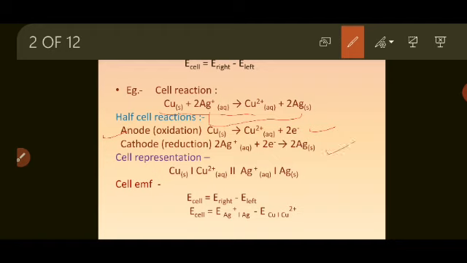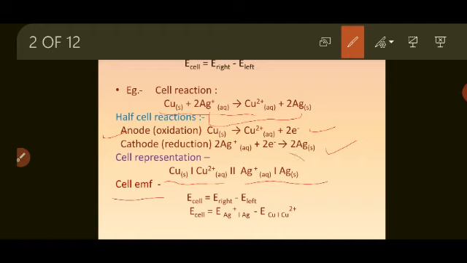So how to represent a cell? The anode is always written on the left hand side and the cathode on the right hand side, as we learnt in the last class. So Cu solid, single bar, Cu2 plus aqueous shows one half cell, that is the anode, and the other is the half cell that is the cathode. From this representation the EMF of the cell can be calculated as E cell is equal to E right minus E left.